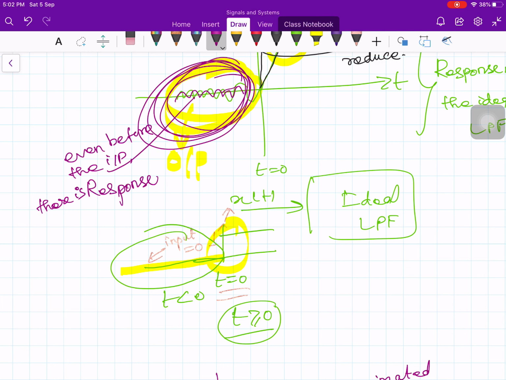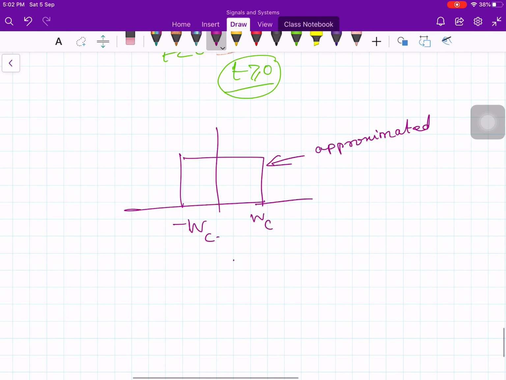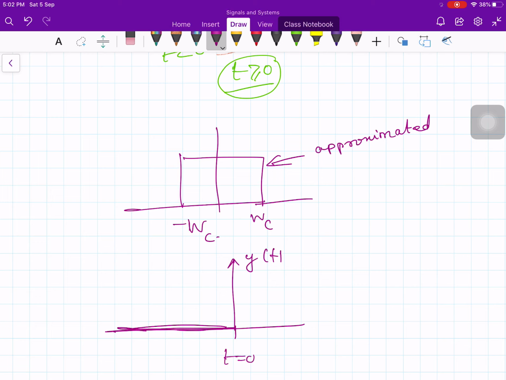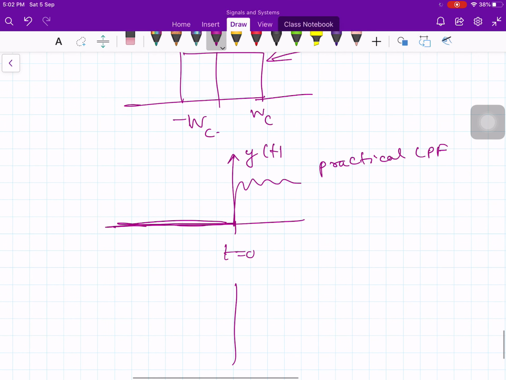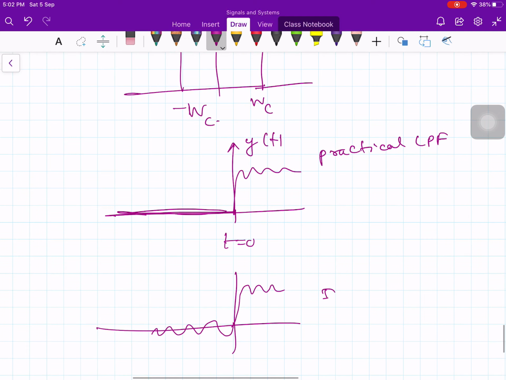So for a practical system, the output y of t should be 0 up to t equals 0, and then it can start to give some kind of output. So this is a practical low pass filter. On the other hand, if you have a filter like this, this is impractical, or we can say a non-causal filter. A non-causal filter you cannot realize.